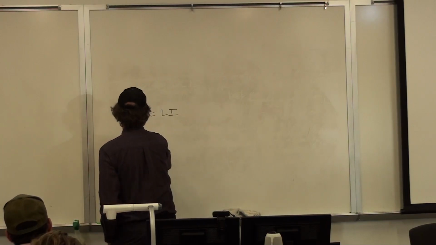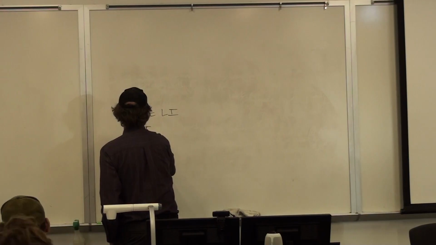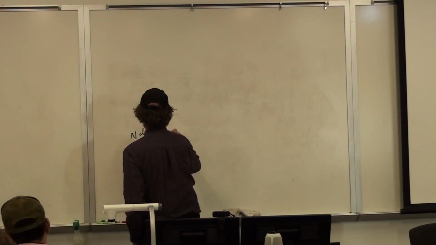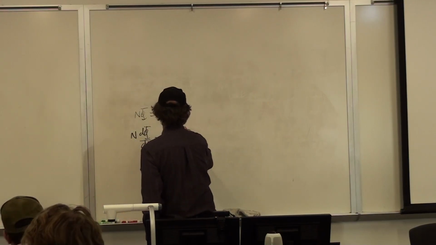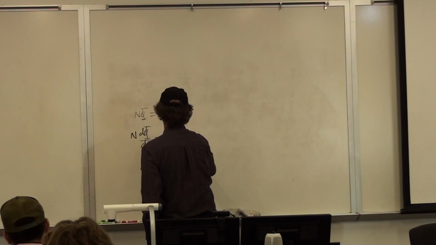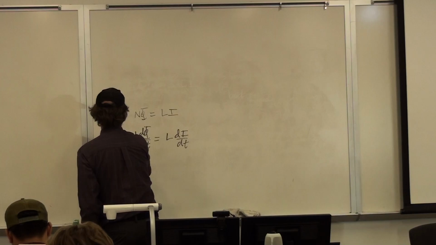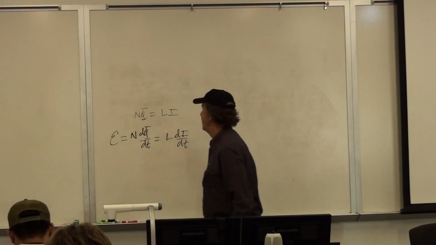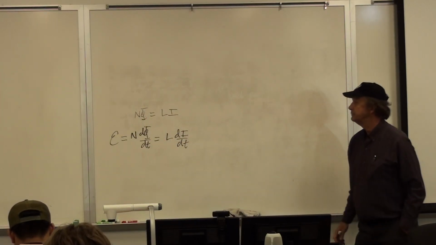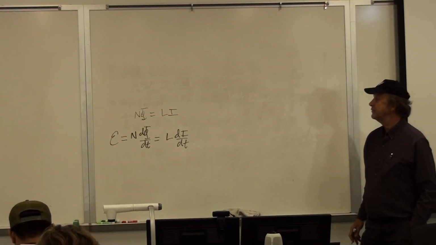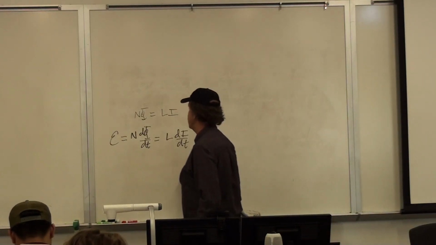And so N d phi dt is going to equal L di dt. And so this is going to be our induced voltage. Okay, this is what we have to fight against. This is our back EMF.